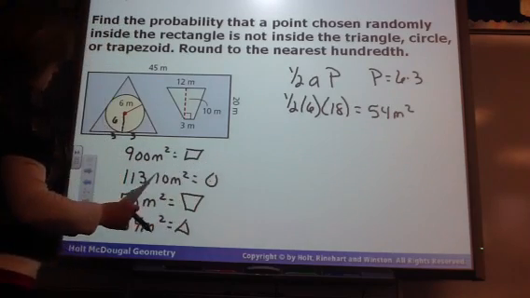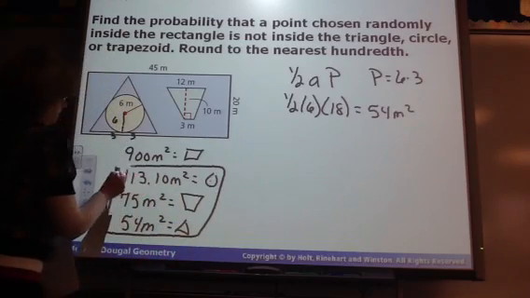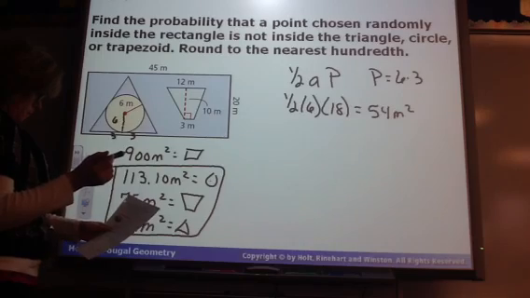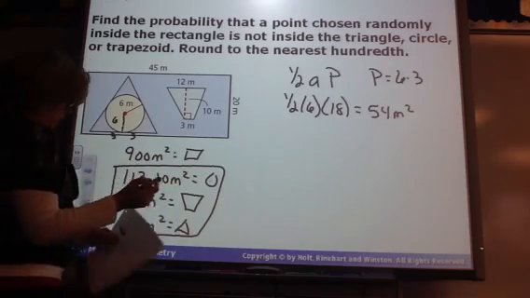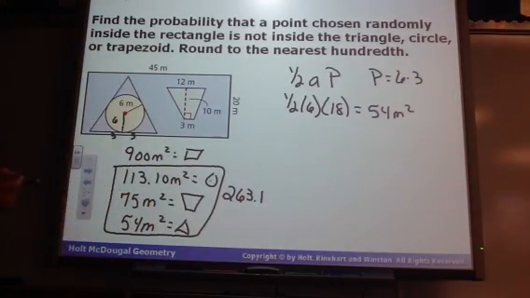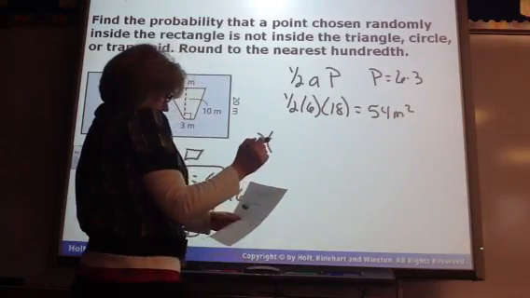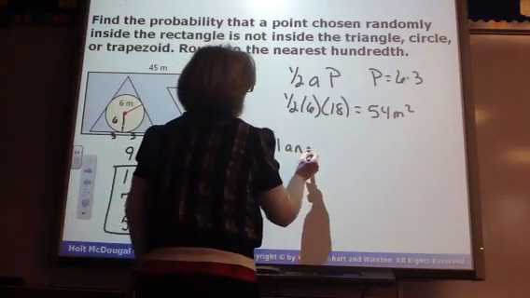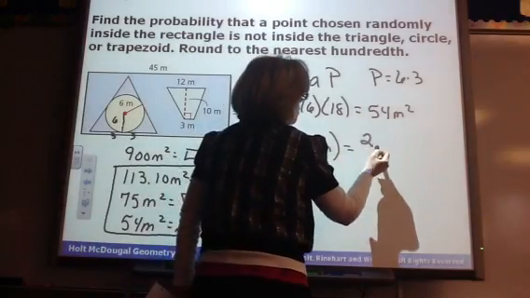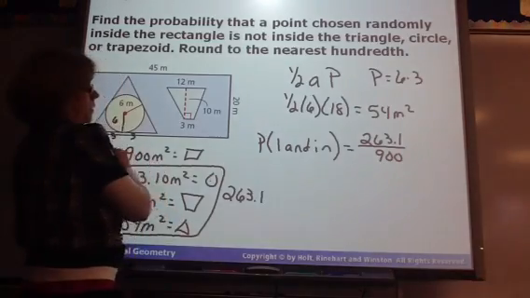Okay, so we need to add these three up. So when we add those three up, should get 263.1. All right. So probability of landing in one of those three is 263.1 over the sample event, the 900.